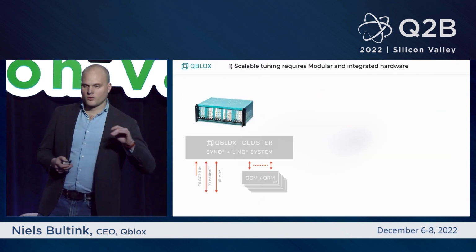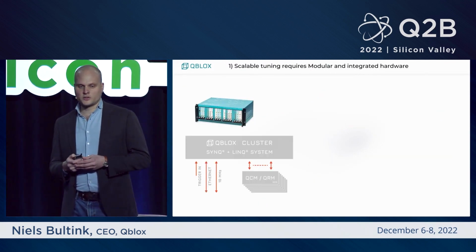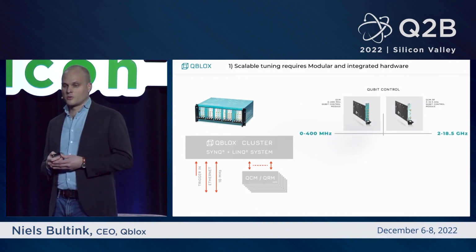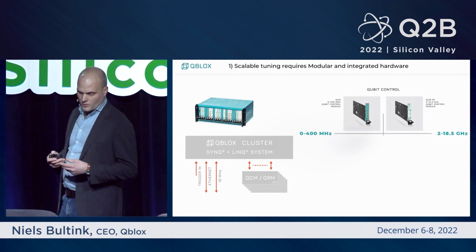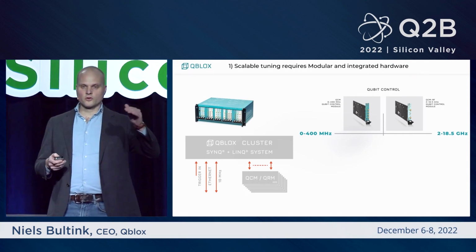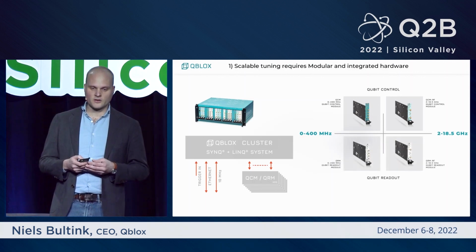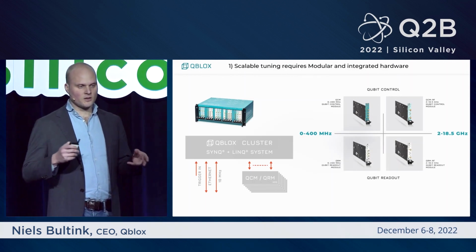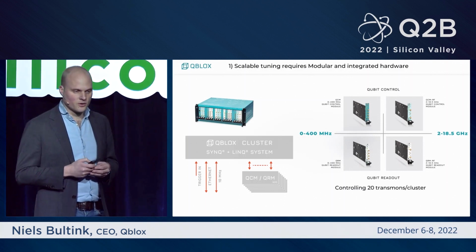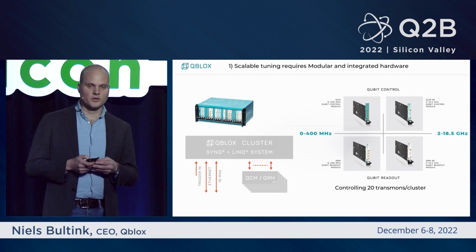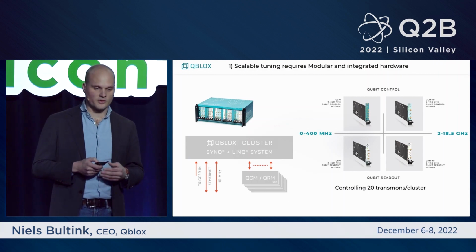So on this modular integrated architecture, we here show the cluster device as we now install it with many customers today, where the system consists of 4 different flavors of modules, 2 on the control side and 2 on the readout side with various frequency ranges. And in short, this allows you to build control systems with just in one box everything you need for 20 transmons or 20 quantum dots.